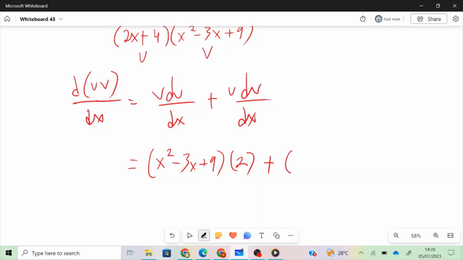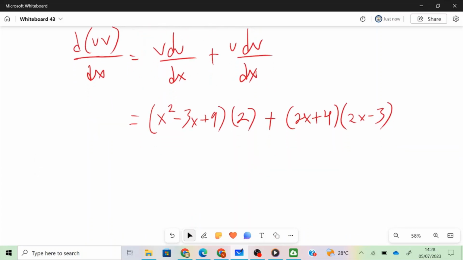Our u is the 2x plus 4, times the derivative of v, differentiating x squared minus 3x plus 9, you arrive at 2x minus 3.